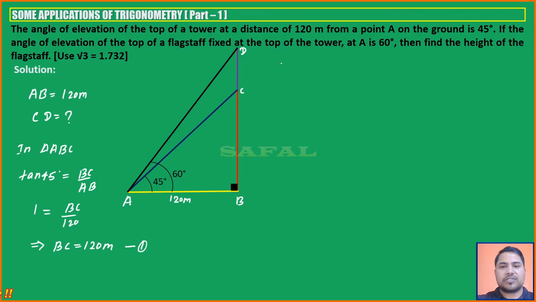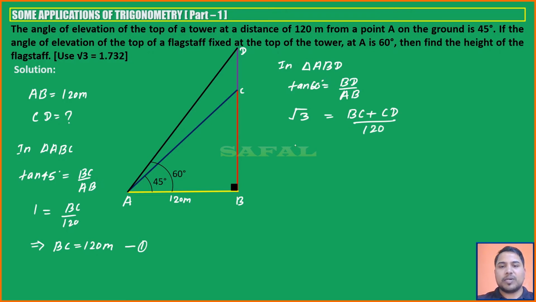Now in triangle ABD, I can write tan 60 equals BD by AB. Now tan 60 we know is root 3. BD is BC plus CD, and AB is 120.